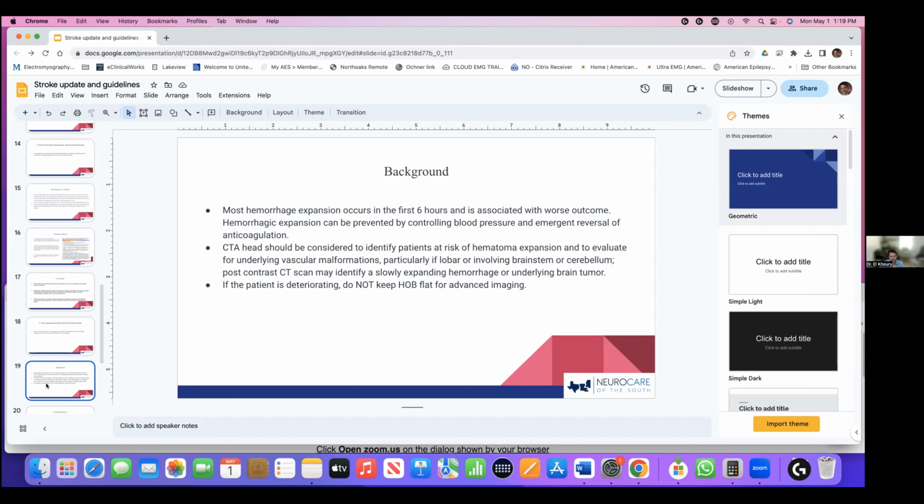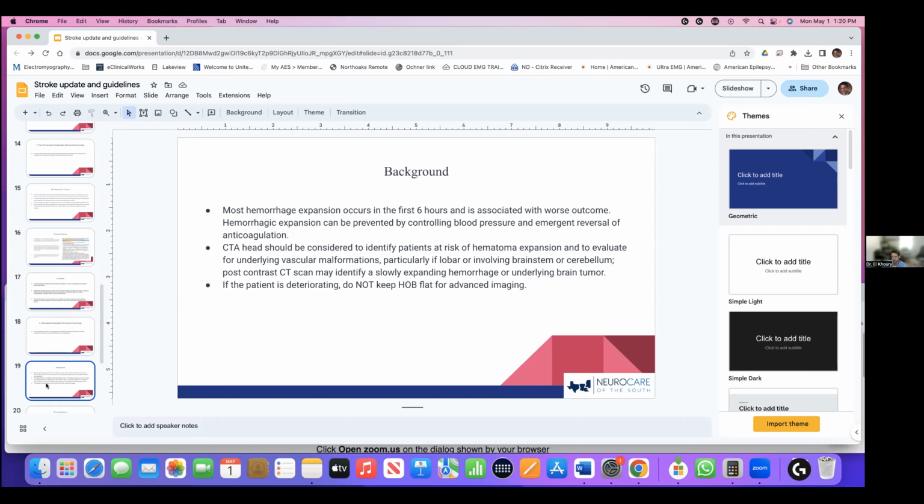Really the message here is those patients are associated with worse outcomes than your typical hypertensive bleed that is not on a blood thinner.